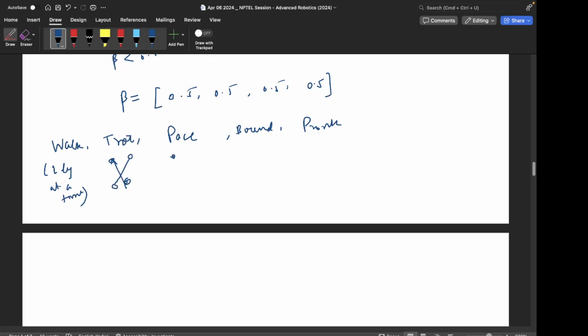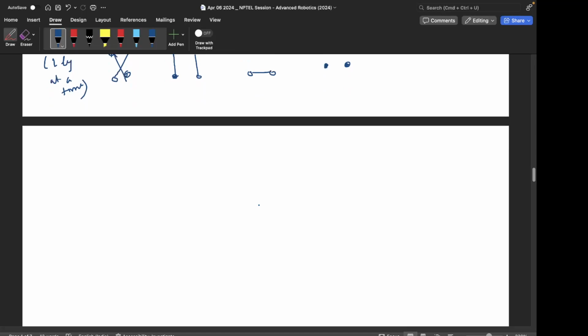In pace, legs on the same side move together. In bound, front and back legs move together. And in pronk, all four legs move together. It's a jumping kind of a motion, right? So that is the gait.